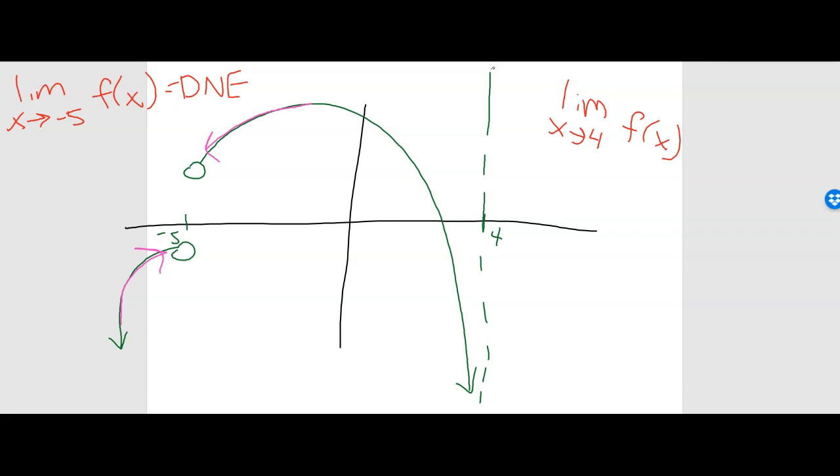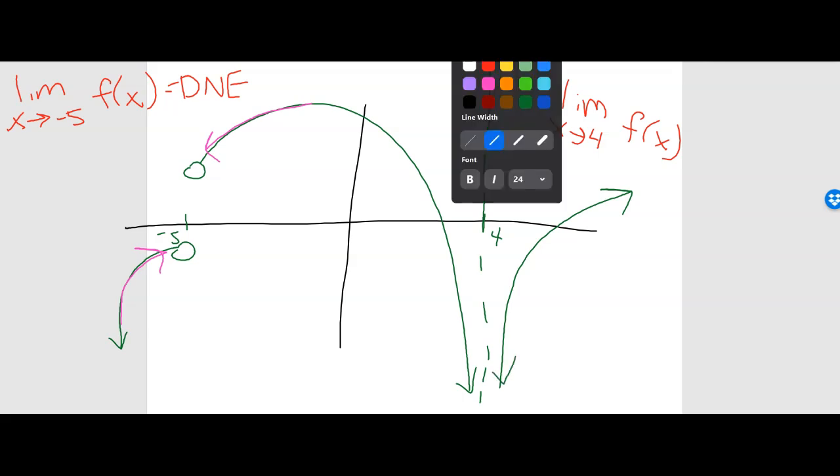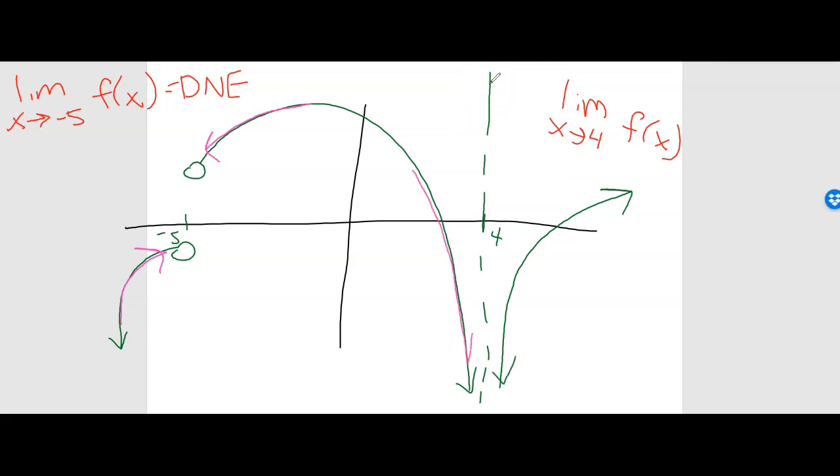Now, if we come over here to x equals 4, and actually let me continue this function. Right, as we trace the function from both the left and the right-hand side, yes, the limit does not exist because it is not approaching a real number, but we could give the reader a better idea of what the function is doing by saying it approaches -infinity under the idea of infinite limits.